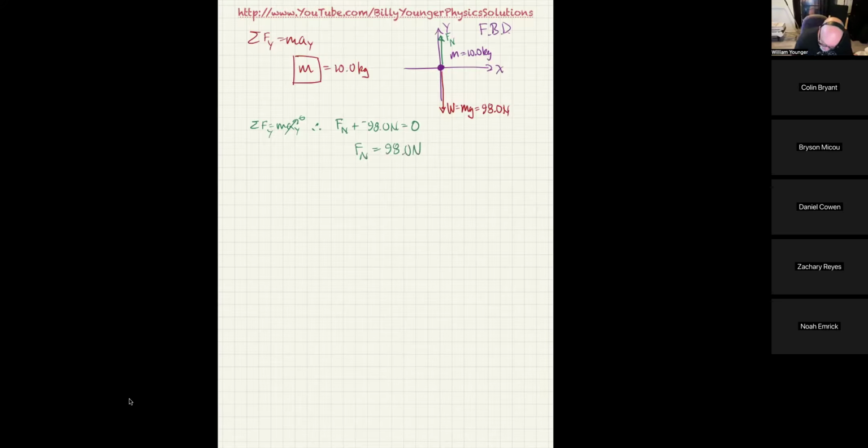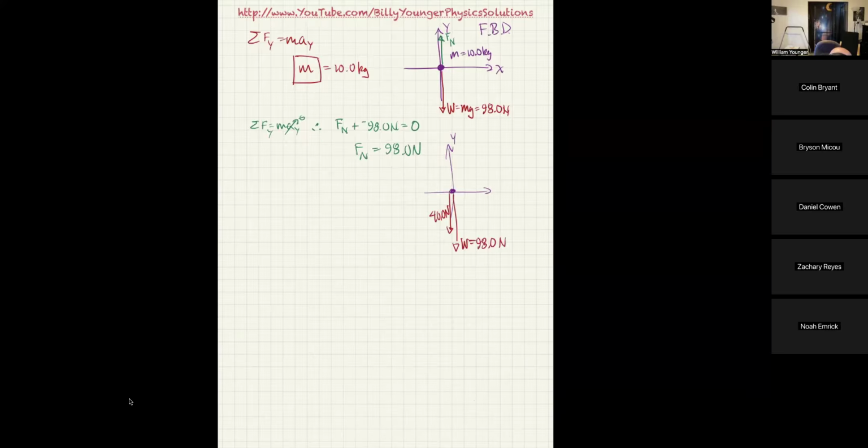Now, if instead you have the same object, but this time we've got a person pushing down on it with a force of 40.0 newtons, and then we also have the weight, which equals 98.0 newtons.